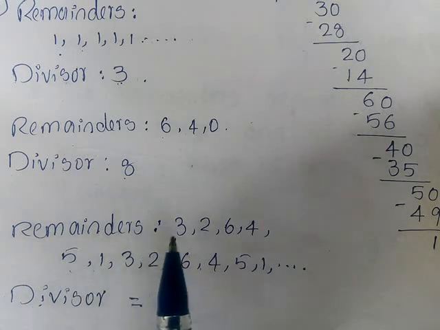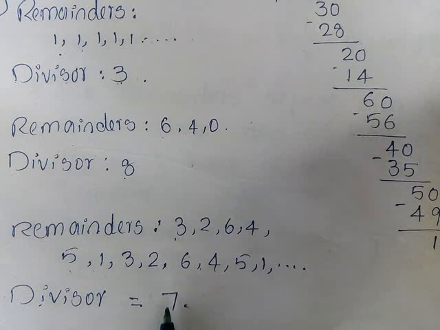Here the remainders are 3, 2, 6, 4, 5, 1 and the divisor is 7. Remainders are less than the divisor. The third thing is, if the remainders repeat, then we get a repeating block of digits in the quotient. These 3 things are true for all rationals of the form P by Q, where Q is not equal to 0.